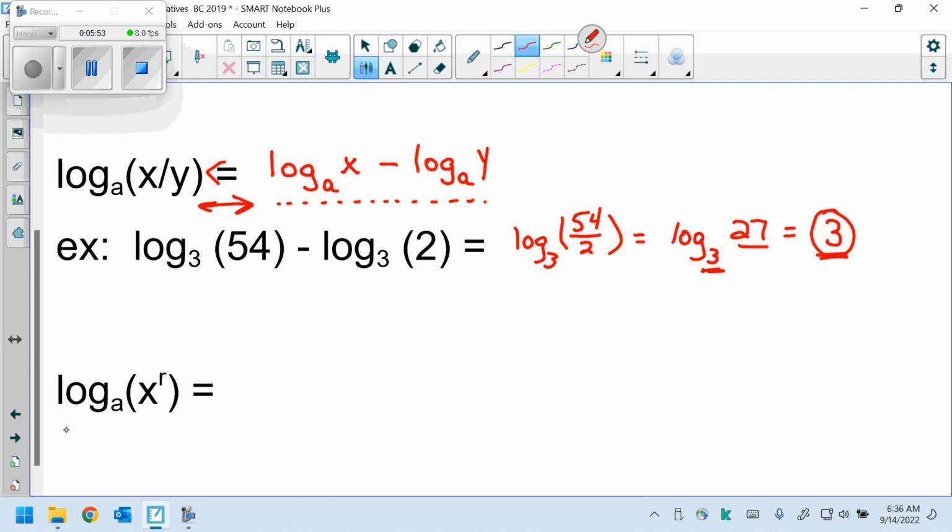And this one right here, pretty easy one, it just allows us to bring the exponent around front. And so we could call this r log base a of x. But realize this too is a two-way street.